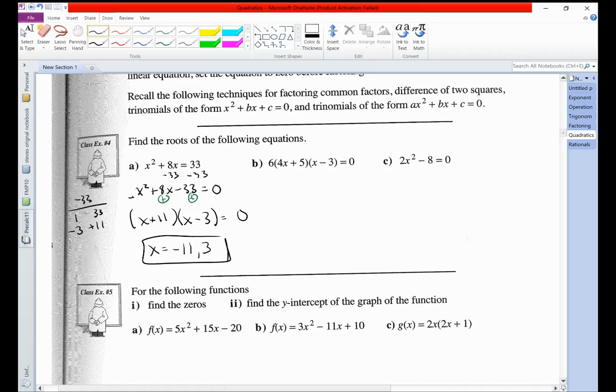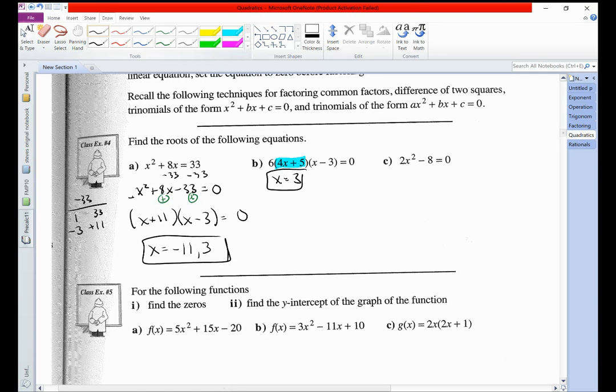Maybe I'll use this opportunity to show you a trick here. In the next one, it's already factored for us: 6 multiplied by 4x plus 5 multiplied by x minus 3 is equal to 0. So we know one of the roots is going to be +3. But now we want to deal with this one.